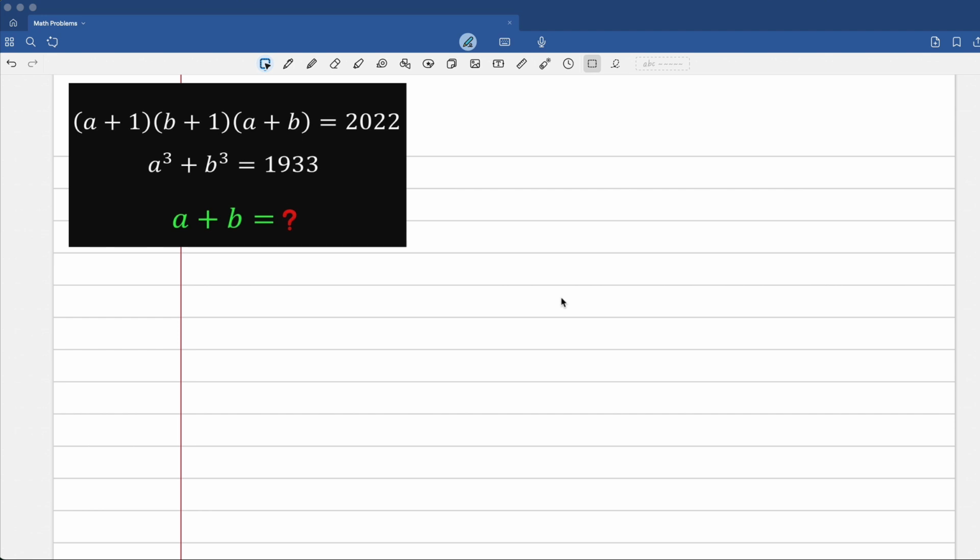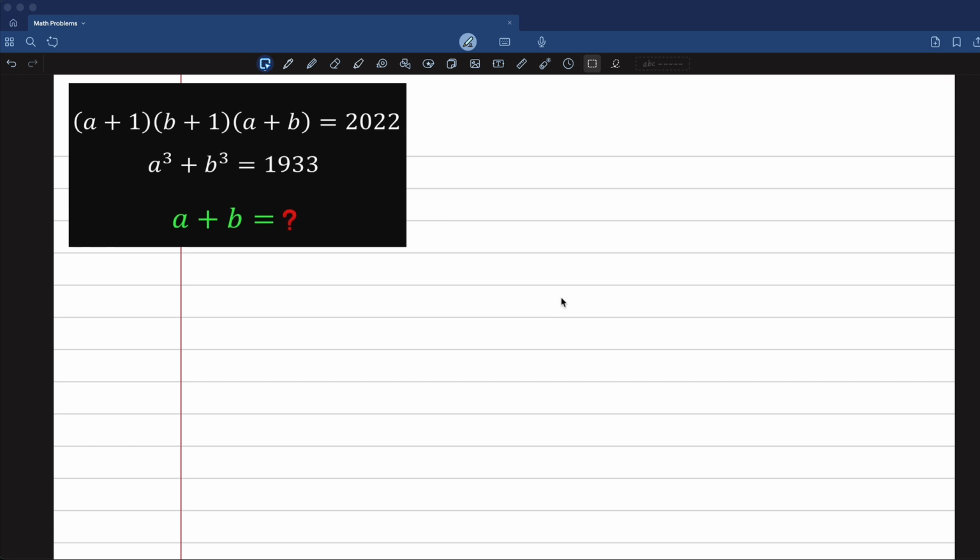Now, if you look at this problem and say, okay, I need to figure out what a is and what b is, most likely you are going to find it very difficult to solve. The idea here is to actually look for patterns. The moment you see a cubed plus b cubed, remember that this can also be shown in terms of (a plus b) whole cubed.